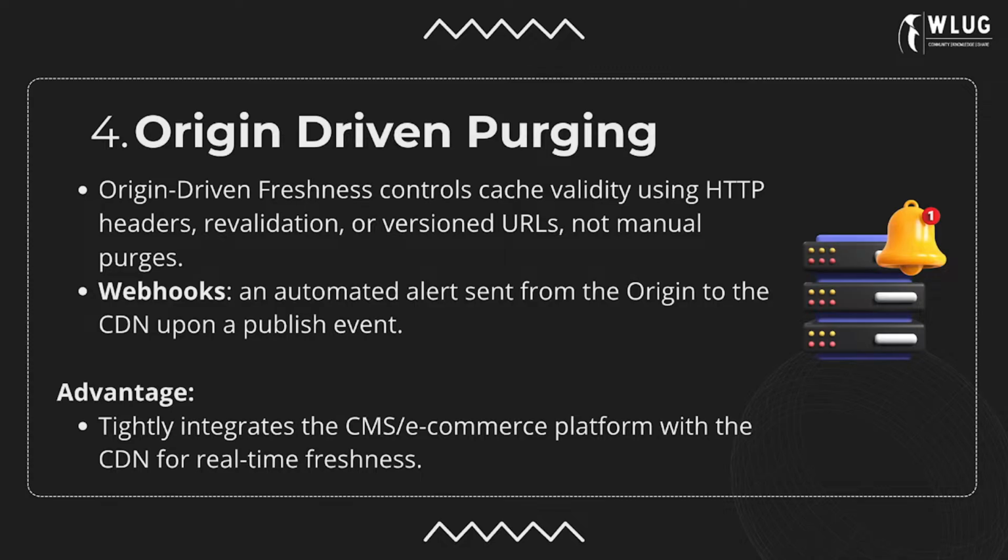So you might think that this is similar to what we have seen in the earlier case, but it is not. The main difference is that in the API or manual method, we actually perform the updates in the origin server and the edge servers, but in origin-driven purging, the entire process is automated using tools such as webhooks.